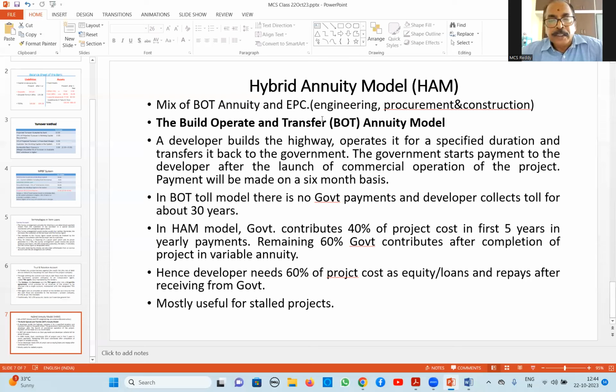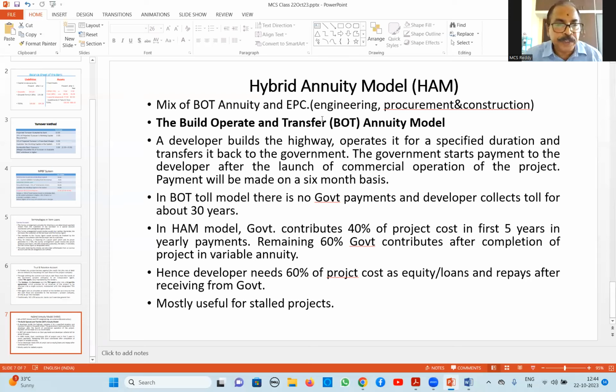Annuity model. Then what is the hybrid annuity model? We are funding something and the government is also financing something. Both put together, the party is constructing the road, and subsequently, through annuities, the party will pay us. This is what the hybrid annuity model is. Some portion by the government, some portion by banks.